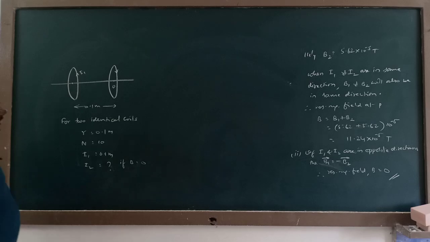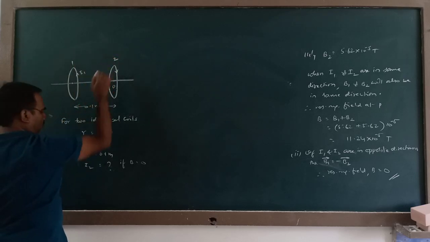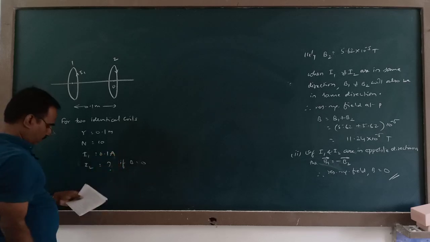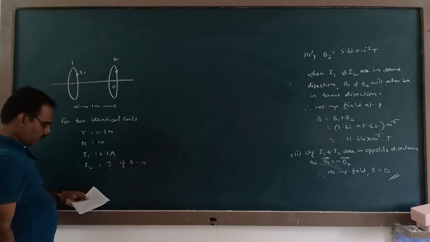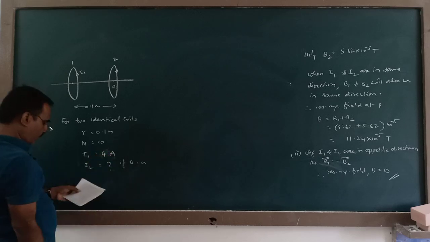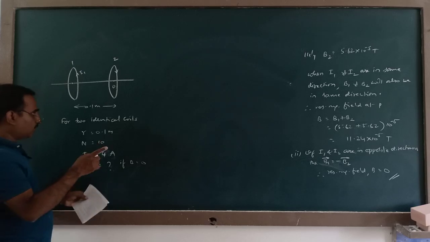Here there are two coils separated by 0.1 meter. Both coils are identical. In the first coil, a current of 4 ampere is flowing. You are asked to find the current in the opposite direction in the other coil.